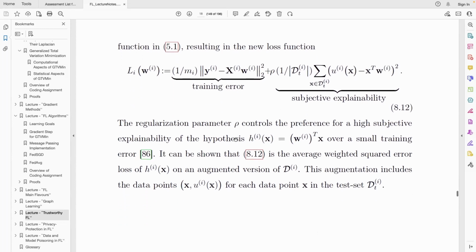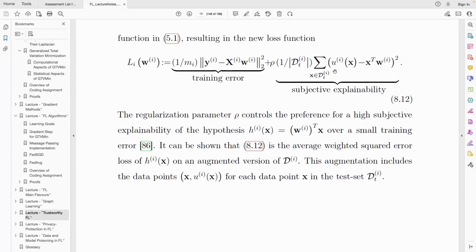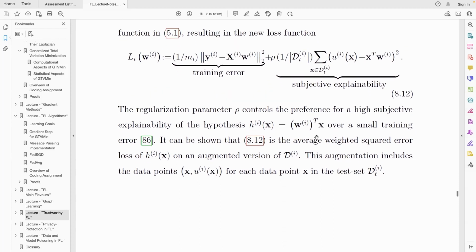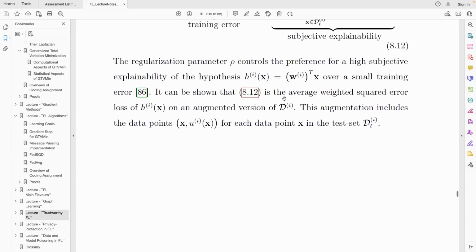And if we again use linear models, it turns out that this whole expression is a convex quadratic function in w, which is parameterized not only by the labels and features now, but also by the user signals. So computationally, we end up again with minimizing a convex quadratic function. And all the analysis of gradient methods for convex quadratic functions also applies here for subjective explainable federated learning.